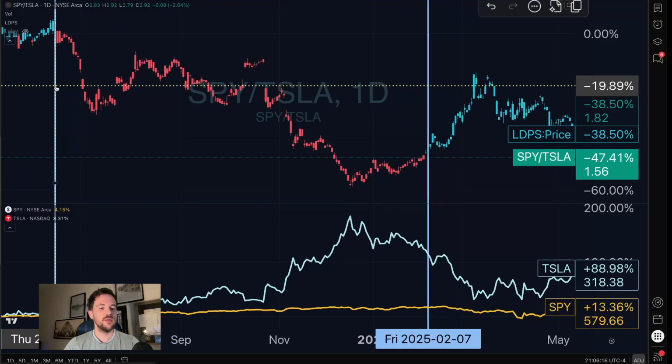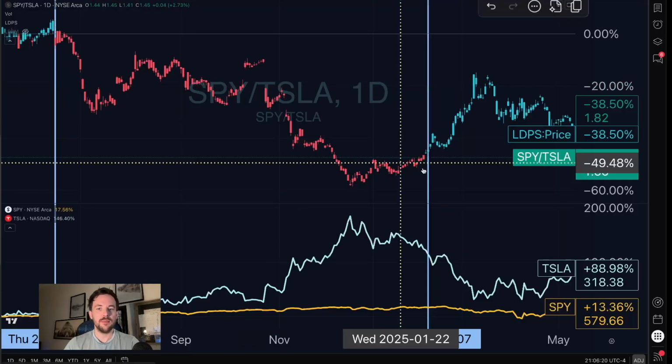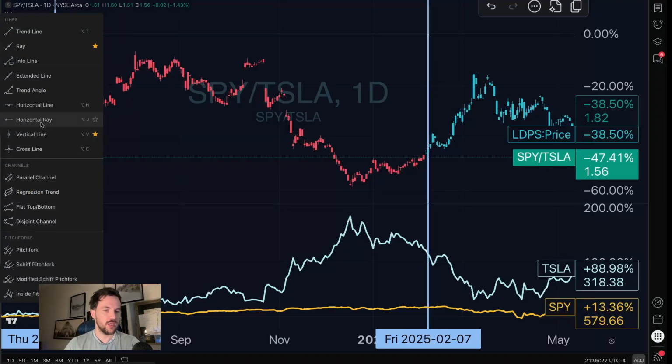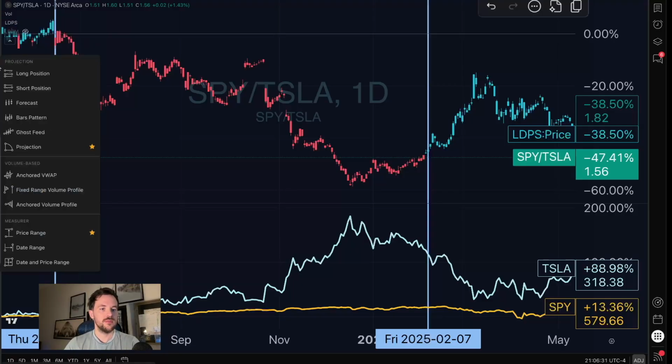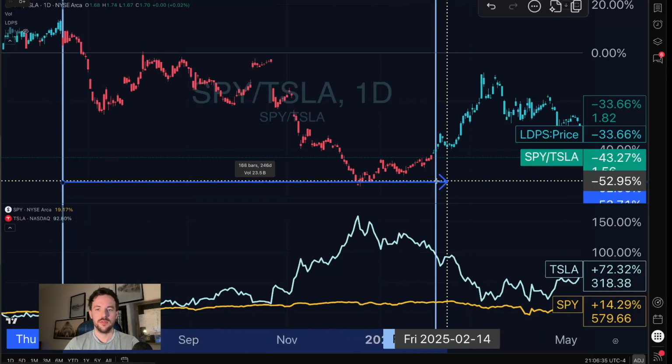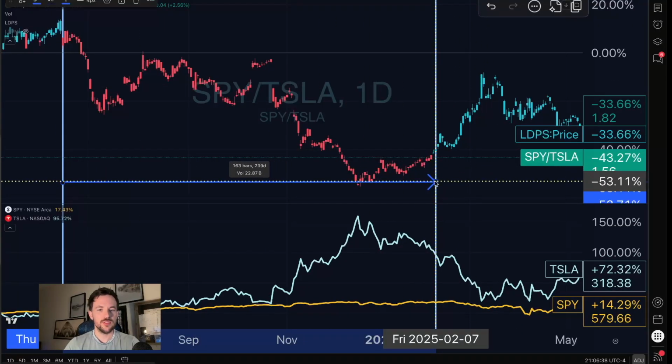So on 2024, June 13th, conditions became bearish and they lasted, let's see, and this is the daily chart. You can do them on any time frame you like, but I want the date range. So how long is this? So this is 239 days.